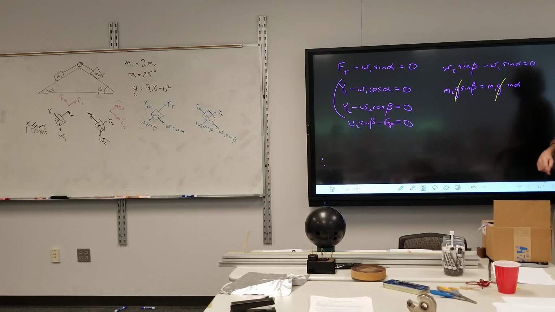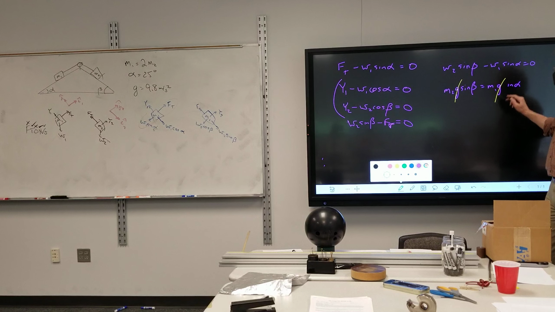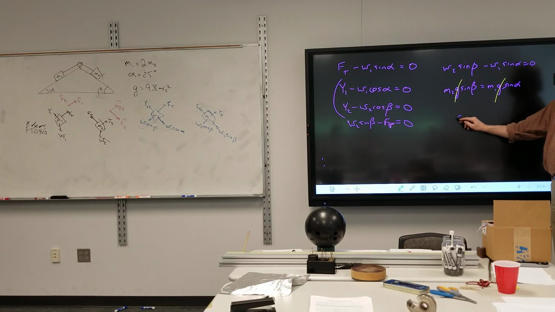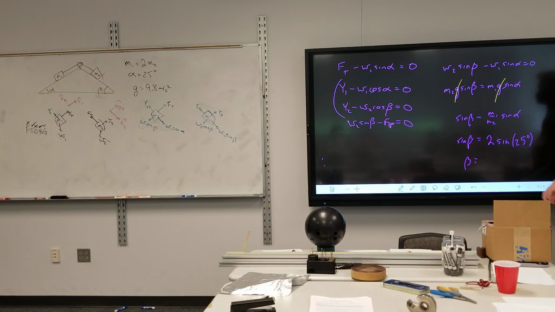g cancels out, so it really doesn't matter what planet it's on. So sine of beta is equal to M1 over M2 times the sine of alpha. I don't know what M1 and M2 are, but I do know the ratio. I know that mass 1 is twice mass 2. So this becomes 2 sine of 25 degrees, whatever that happens to be.